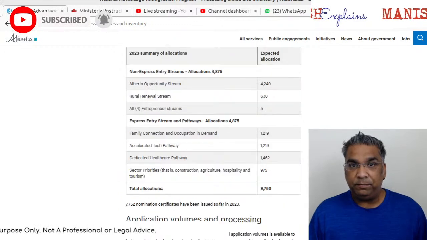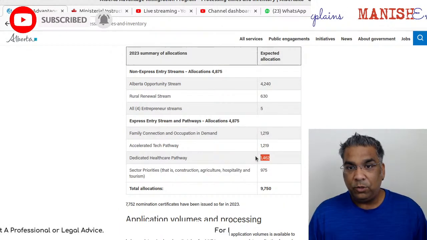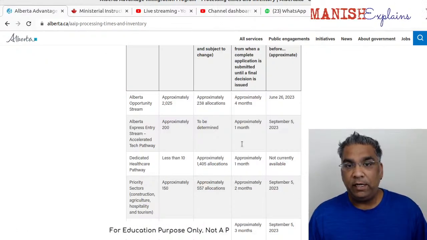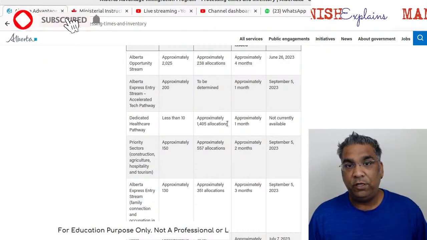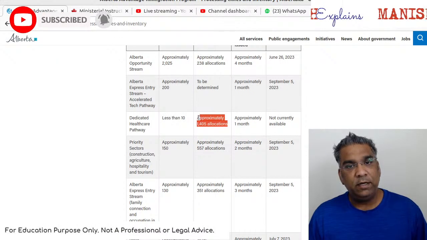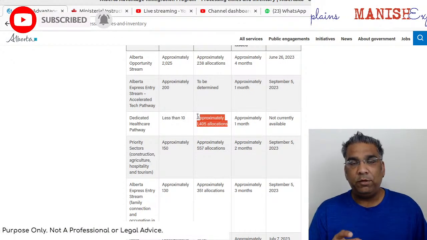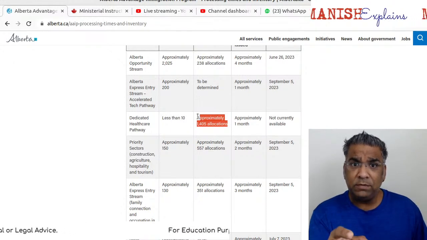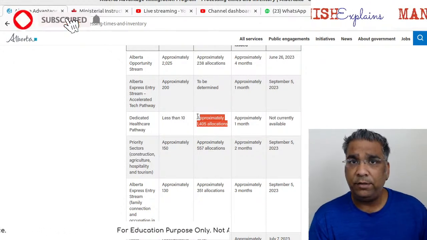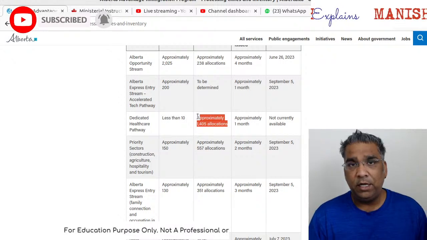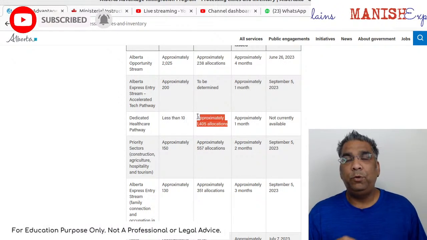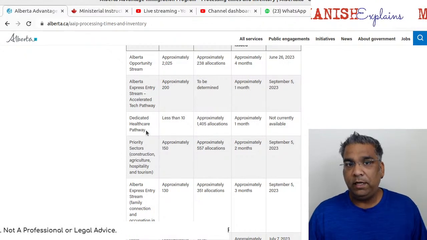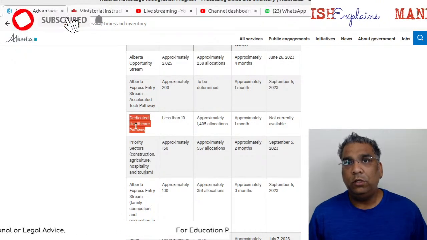It had a total allocation of 1462 for the year, and they have declared that they still have 1405 remaining. This pathway has a lot of nomination limits remaining. If you were to base your application on this data, it would seem like the dedicated healthcare pathway is a good option.